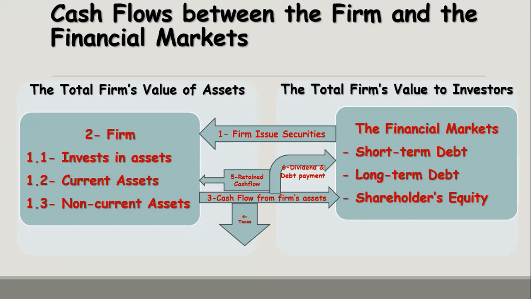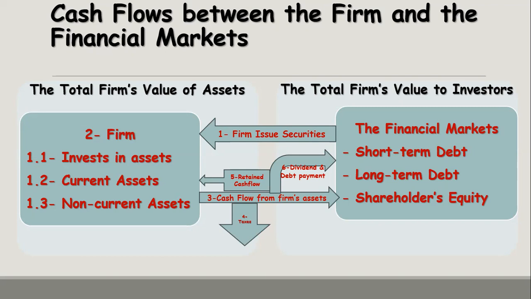The third step is that the cash flow generated from the firm's assets is utilized to meet the government taxes. As the fifth step, they retain a part of the profit as retained earnings in the firm.